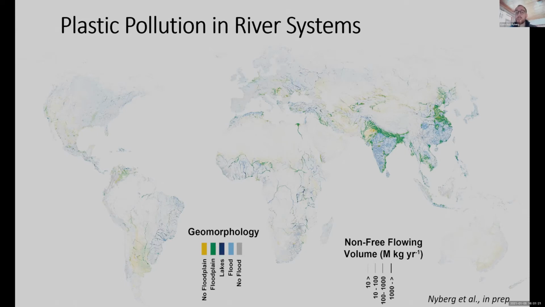And so these floodplain environments have a high concentration of mismanaged plastic waste. And certainly, again, our knowledge as sedimentologists and understanding how floodplains develop and deposit muds and silts has an important contribution in trying to understand what impact that has.